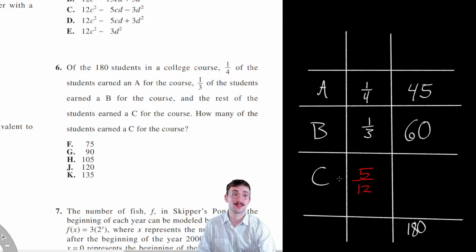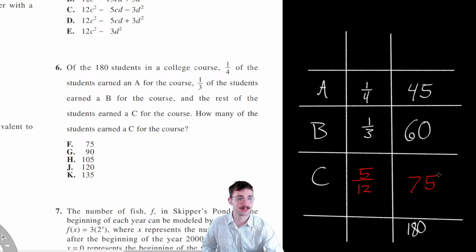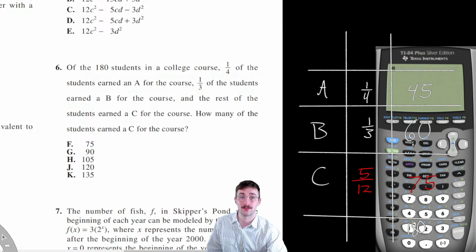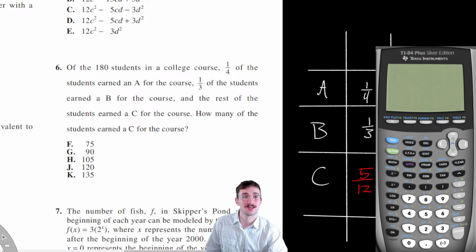But as I said, I think the easier way is to add these up. That gives you 105. What remains would be 75 to get up to 180. So that makes sense to me. And then, if I were being really cautious, which is sort of what I told you I will be doing tonight, I'm just going to go ahead and give me a moment. There, calculator on top.